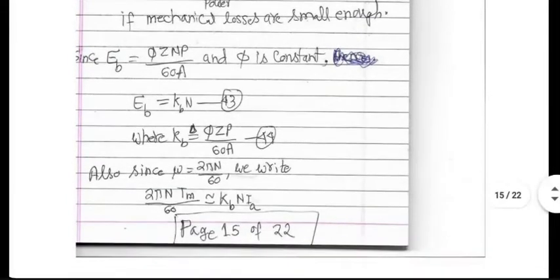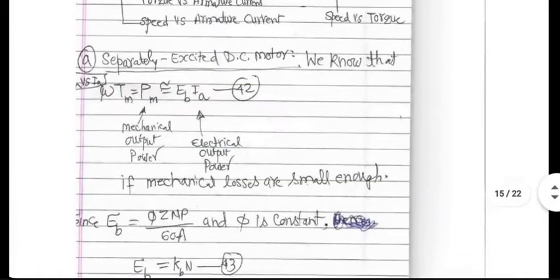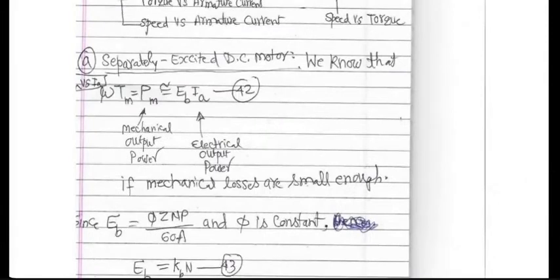So KB N into IA. Interestingly, N cancels out. Tm versus IA behavior is independent of N for a separately excited motor, and assuming that mechanical losses are zero.